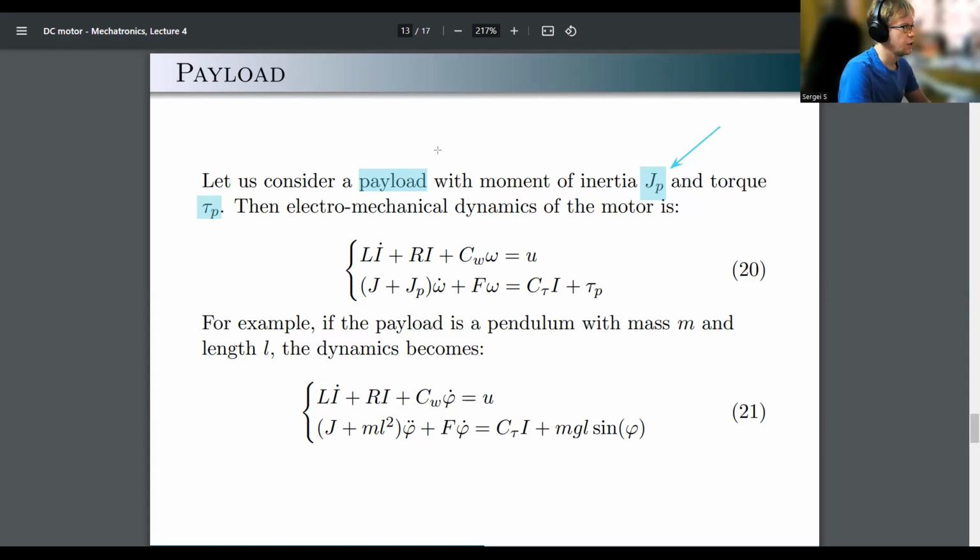Okay. Now, what is the torque of the payload? Well, this is a more difficult thing. You can think of it kind of similar to how we were considering characteristic equations of elements. So basically, for example, for a fan that blows air, the torque may be proportional to velocity with which the fan moves, or it can be proportional to the square of the velocity with which the fan moves.